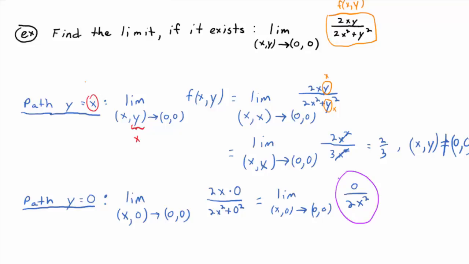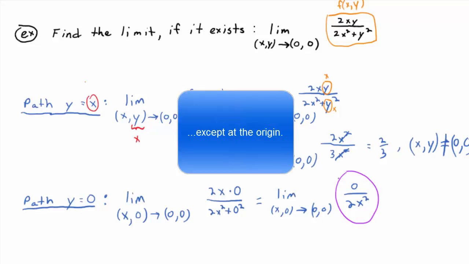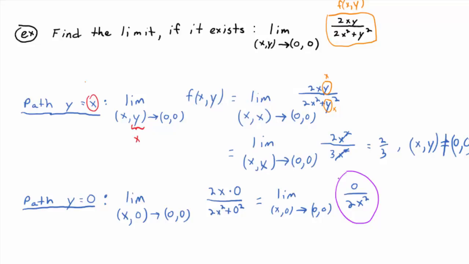Along the entire x-axis, the thing we're taking the limit of, f of (x, y), is 0. So what's the limit of 0? The limit of 0 as (x, y) approaches (0, 0), the limit of a constant should be a constant, right?